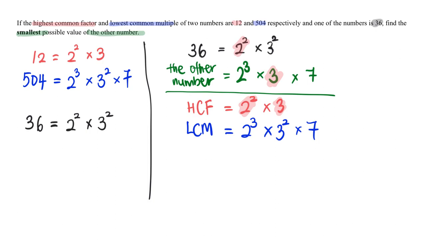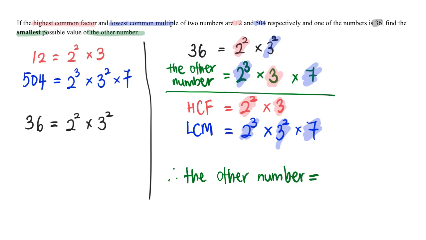And if we look at the LCM, we choose the highest powers: 2 power 3, yes, 3 power 2, yes, 7, yes. We have just successfully found the other number. Therefore, the other number is equal to 168.